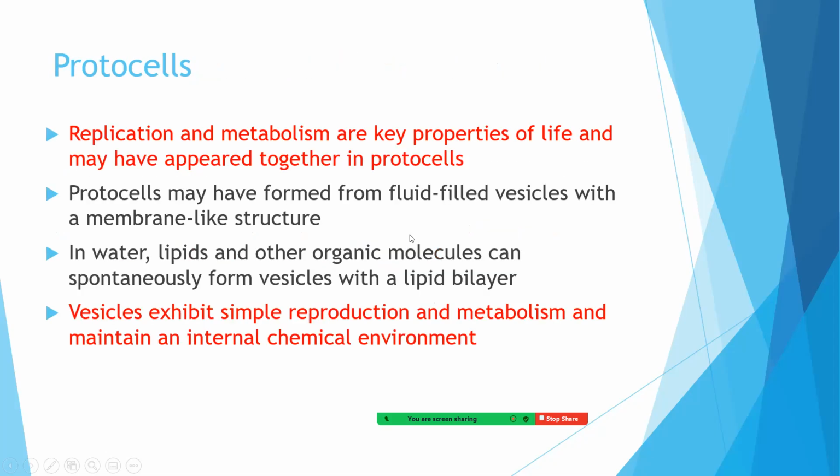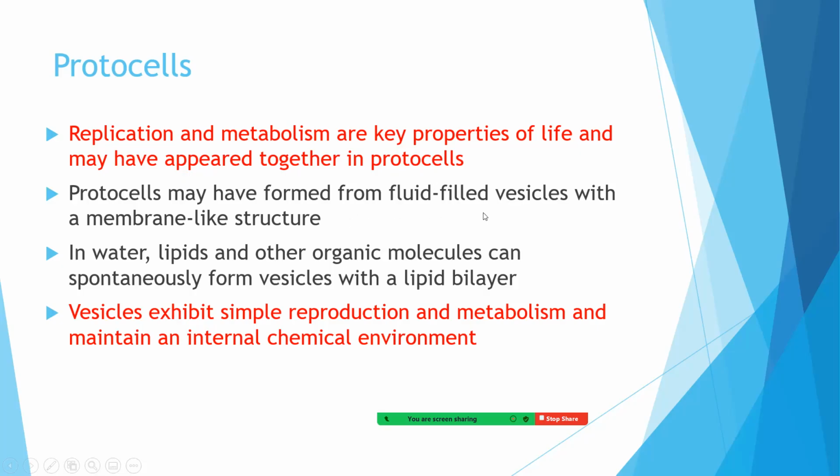We also see that we need to take those precursor biological molecules and put them together into protocells. We know that major key properties of life are replication and metabolism. So being able to replicate, make more cells and the components inside of cells, and also being able to perform metabolism, so able to take in energy or produce energy within them. These two properties might have appeared together at the same time in protocells.